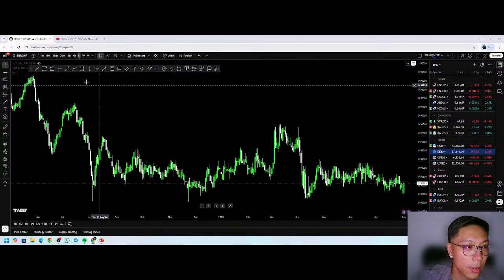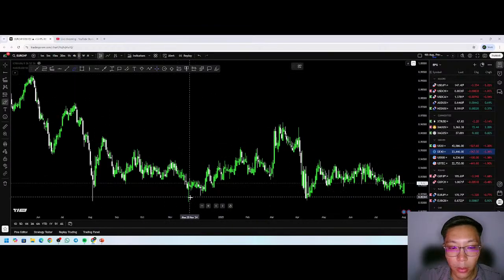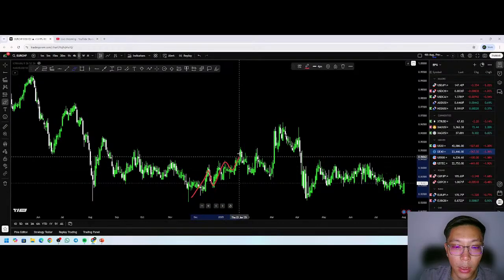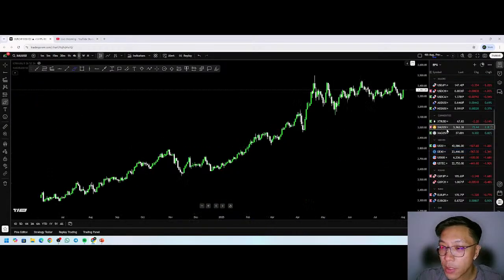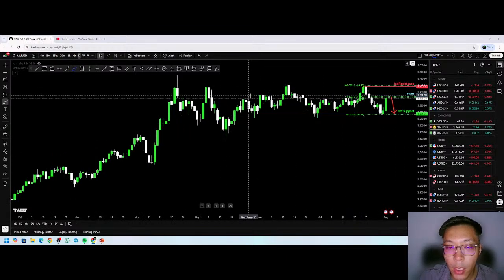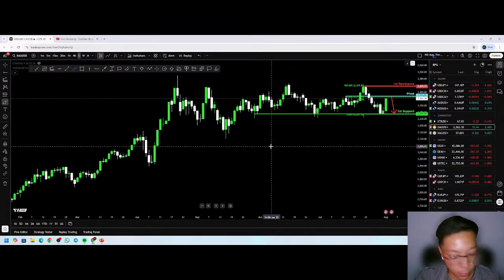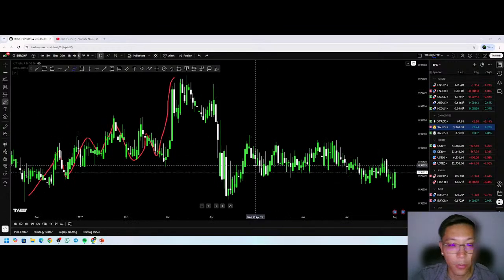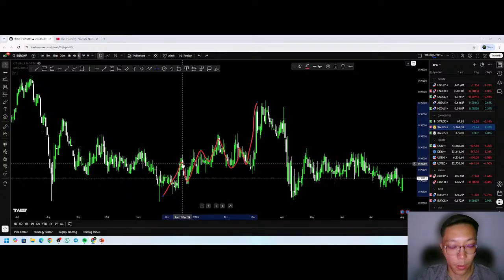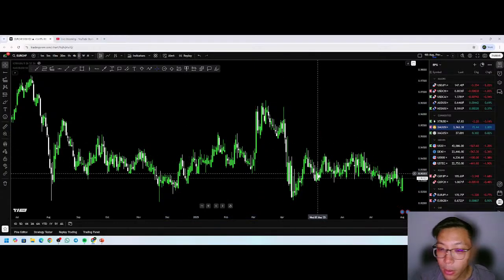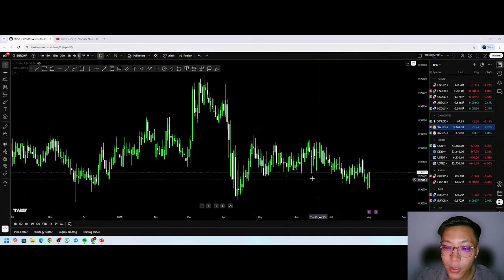pair. Okay, this looks like my heartbeat, right? You can see how close knit it is together, and the difference between these pairs, like very clear structure. But if you look at something like Euro CHF, wow, it looks like grass, right? You can see how close knit it is with each other.